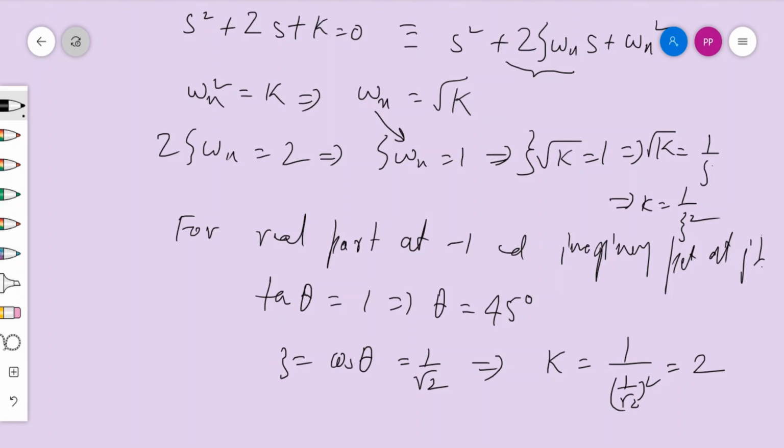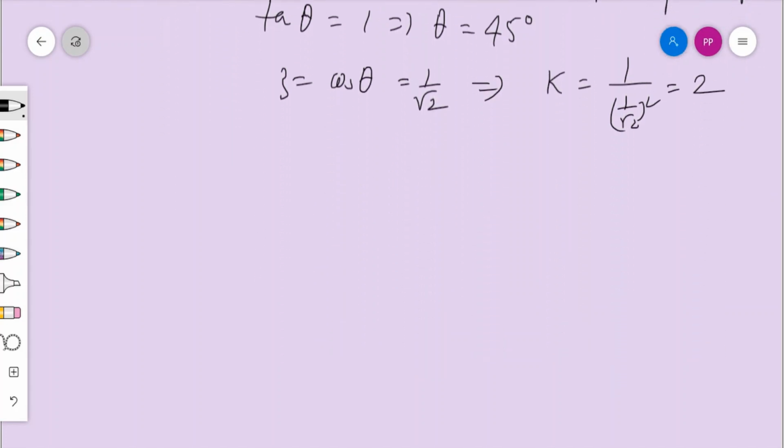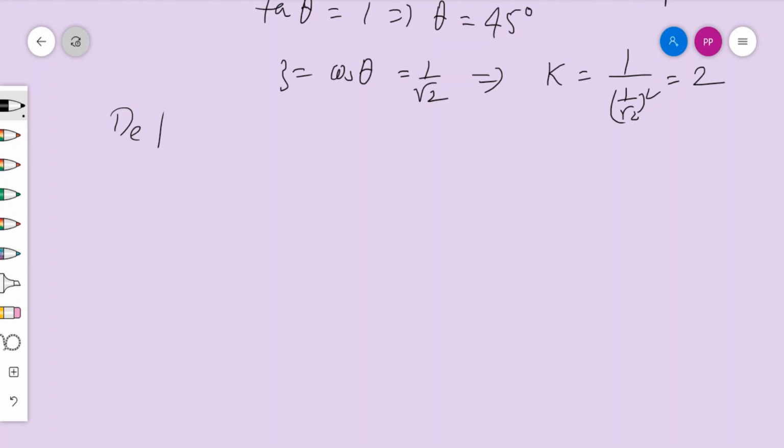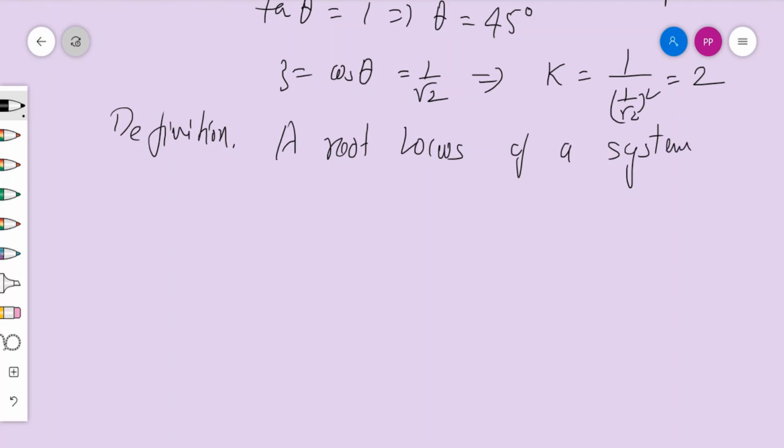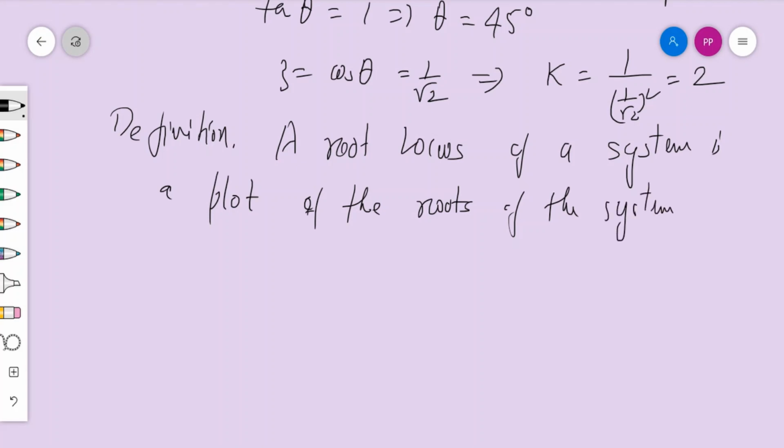So let us write the definition in words. Definition: a root locus of a system is a plot of the roots of the system characteristic equation.